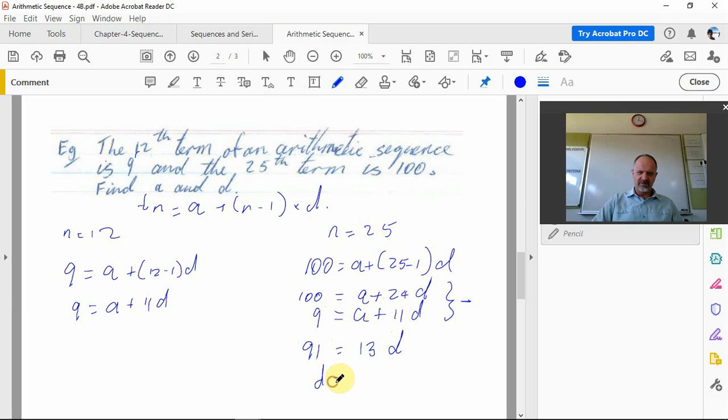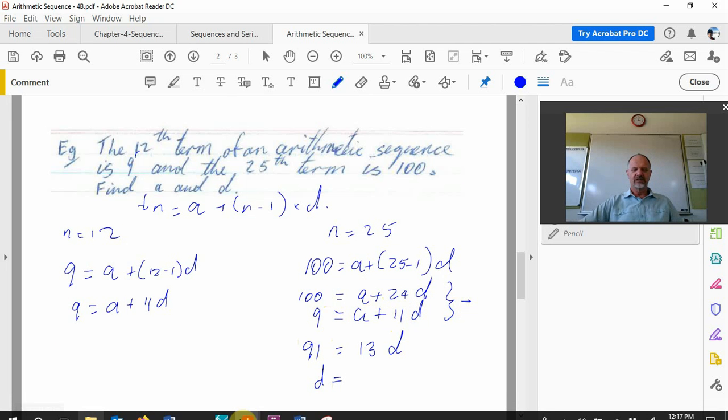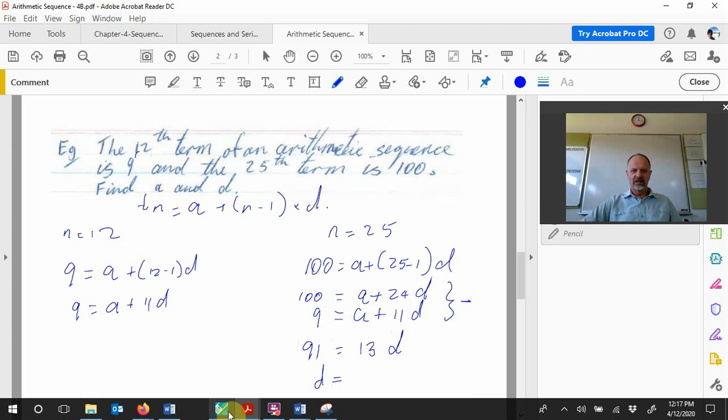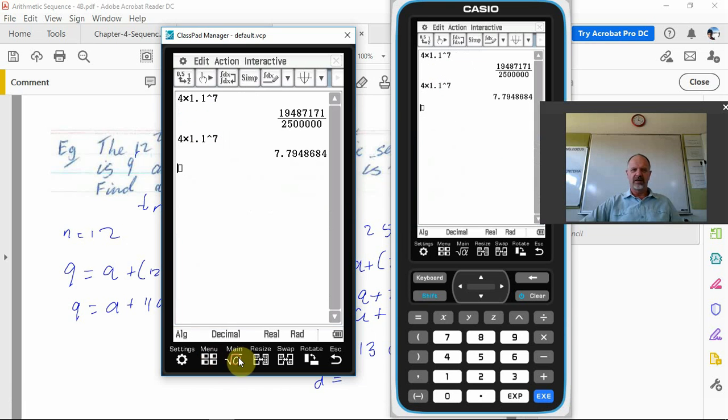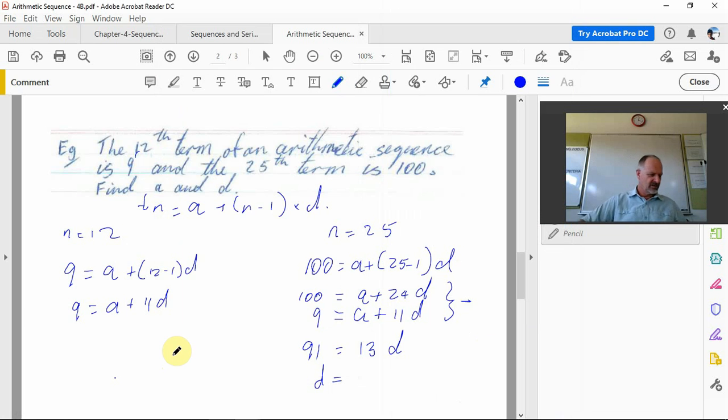Divide both sides by 13. Let's have a look. I'm going to use my calculator. So 91 divided by 13. 7. So D is 7.